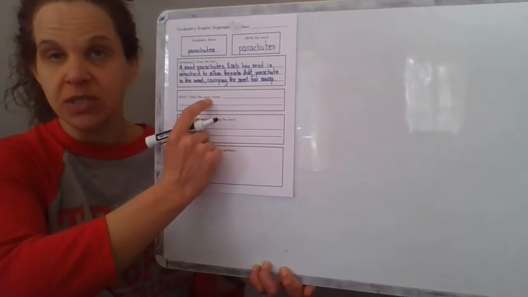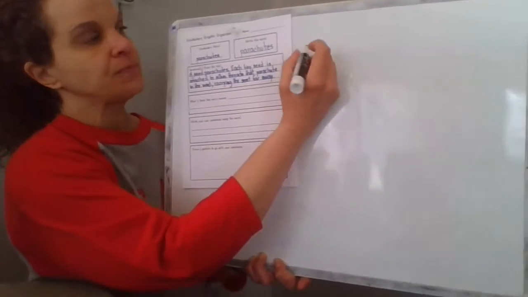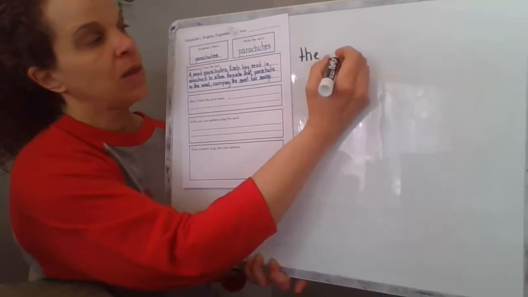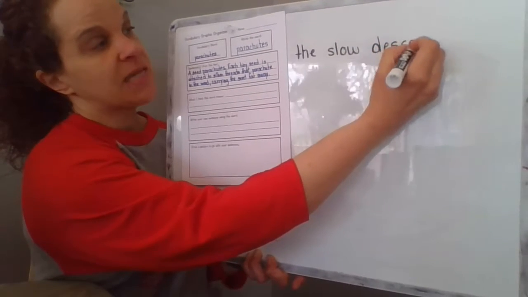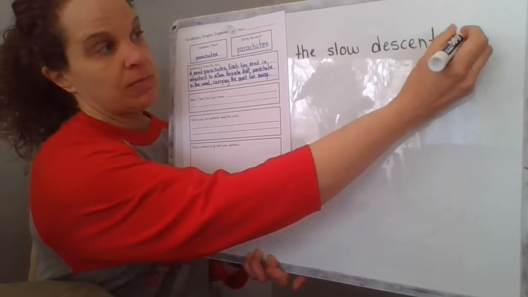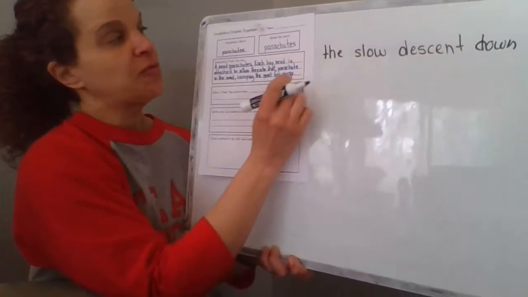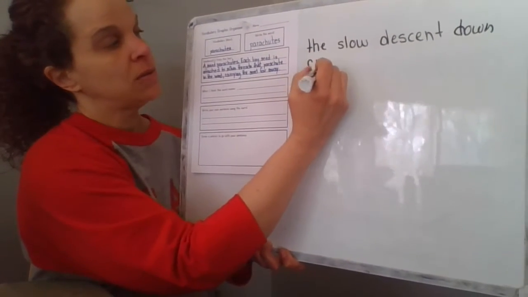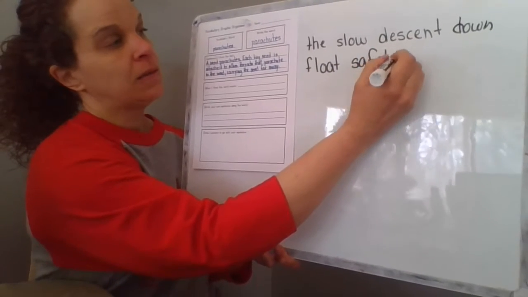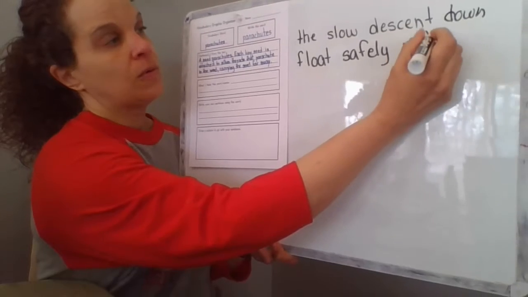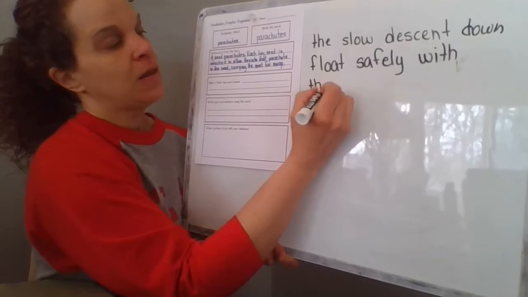So when I think about parachutes and how it has to do with a seed, I think about the slow descent down. Some other ideas that come to mind is to float safely with the wind.